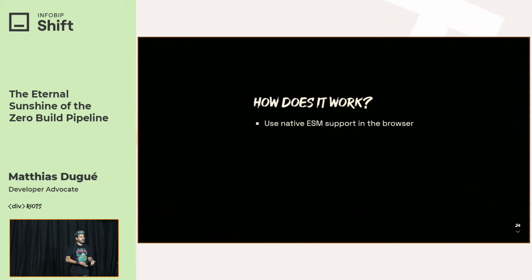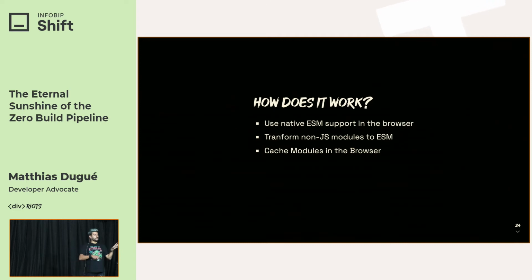Because my browser is supporting the native ES modules, I don't have to convert it to anything anymore. If I want to use some dependencies that is not in the ESM format, I will convert it to the ESM format before, so it will be available in my browser and read directly by my browser in a native format. I will cache all my modules into the browser by itself.